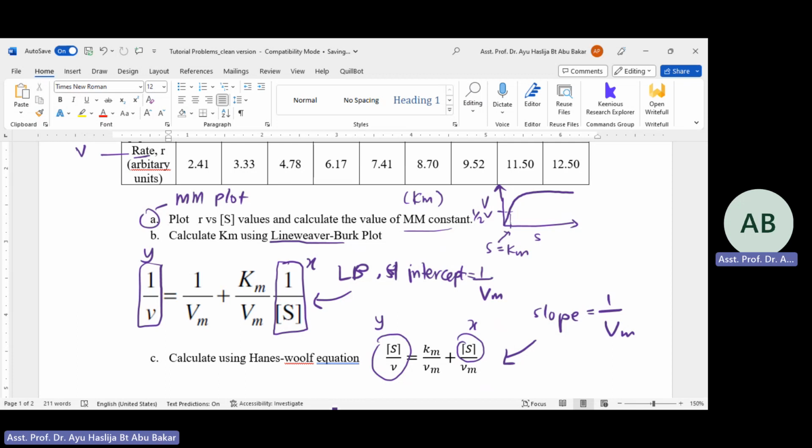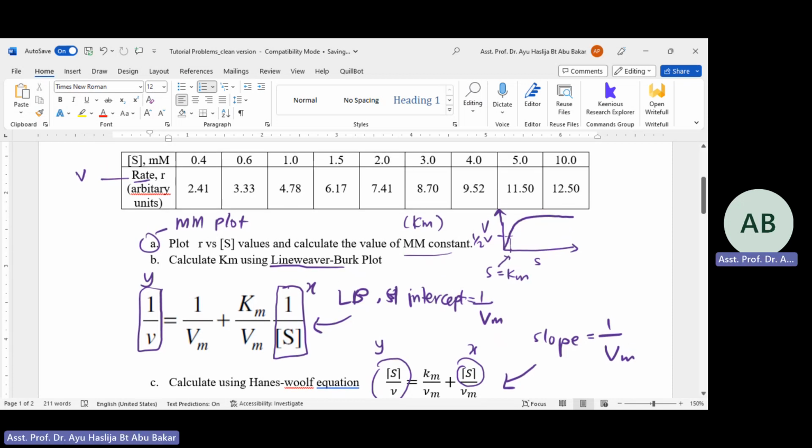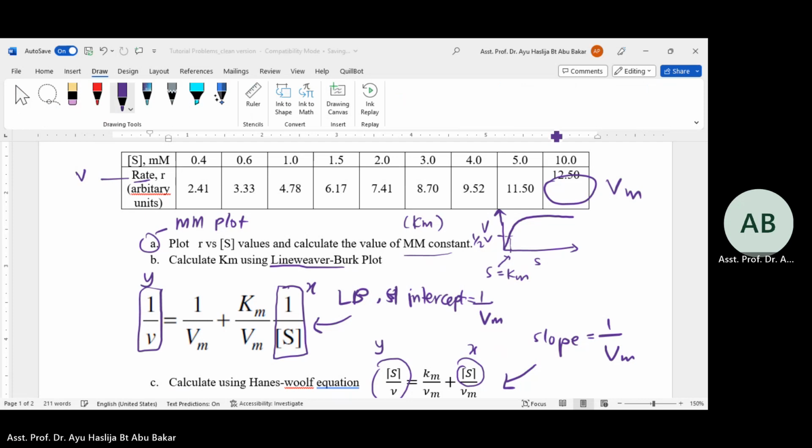For B and C, the range of value should not deviate too much from the initial value given here. Actually, this one is your Vm from Michaelis-Menten. So for B and C, it should not deviate too much from this value.